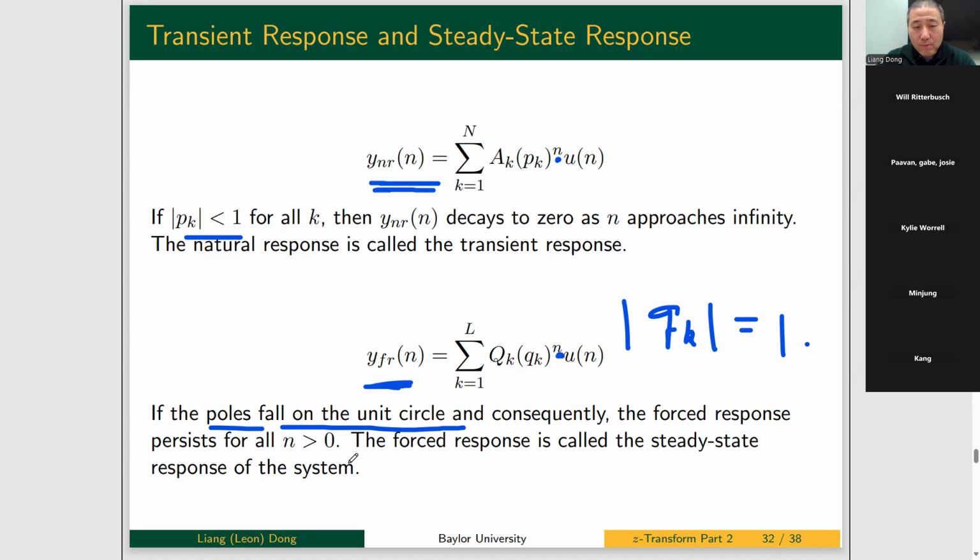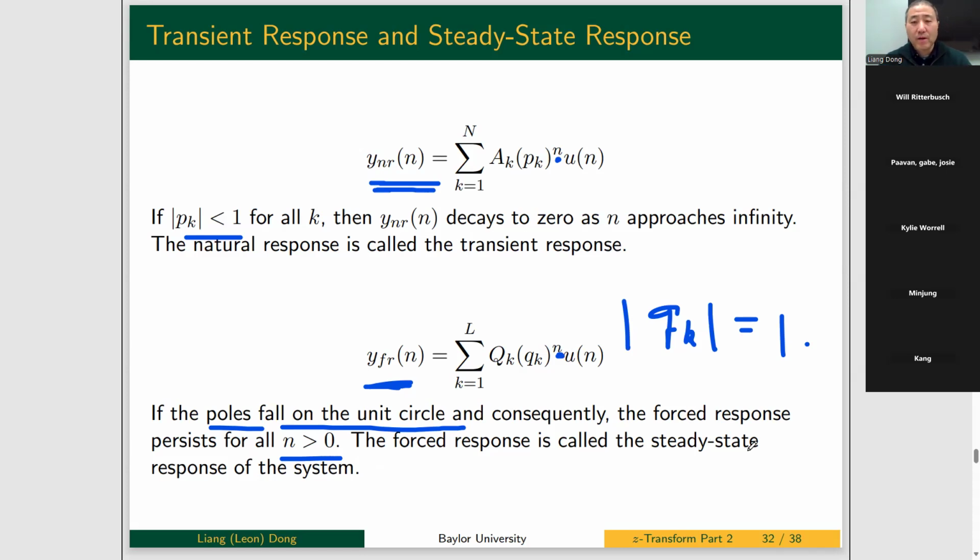The forced response persists for all n greater than 0 because it basically just oscillates. The forced response is called the steady state response of the system. As I explained, if you have a circuit board, that oscillation now changes to a new frequency, 300 hertz, instead of the original 100 hertz. But you follow that steady state.